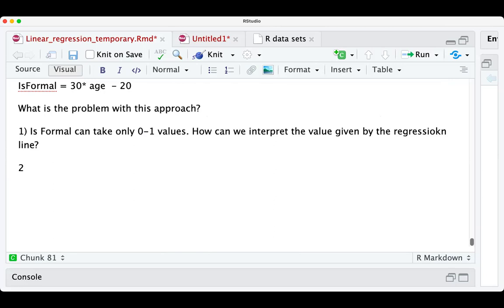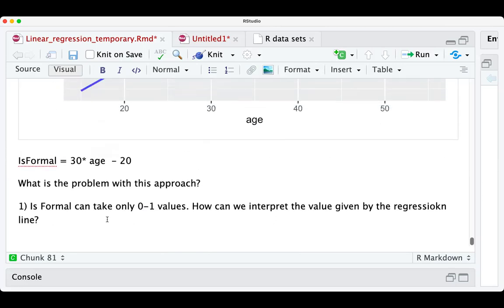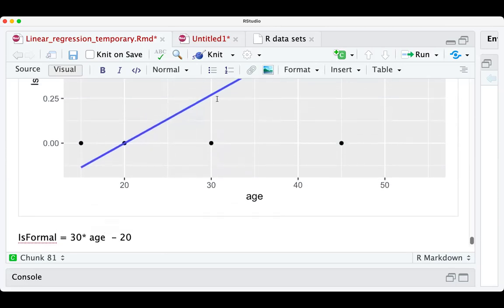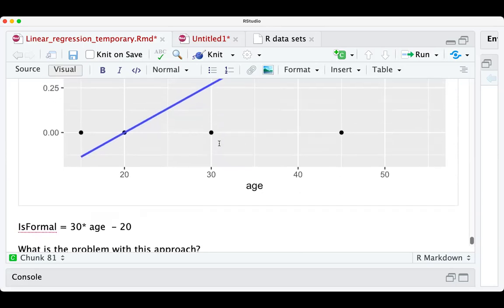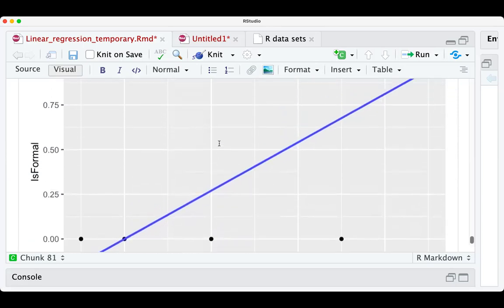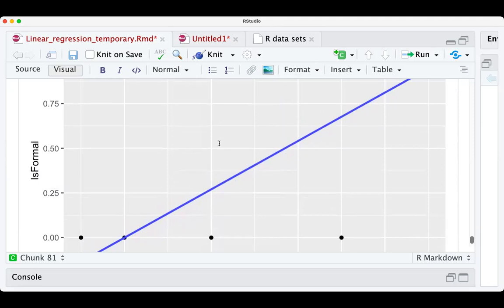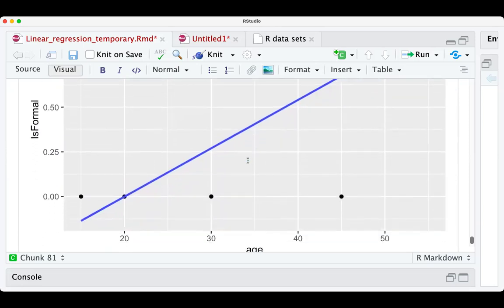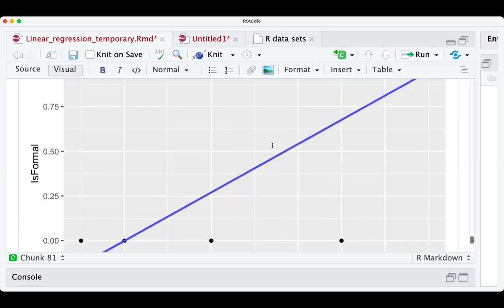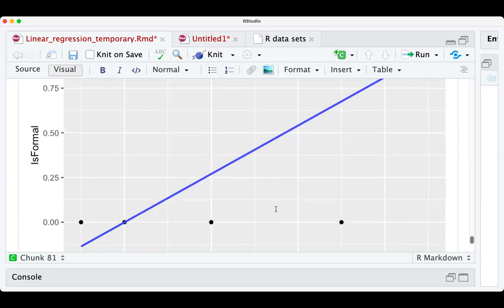So this is one problem. How can we interpret this value? A prediction based on a line is bad because you should have either 0 or 1. So maybe when it is below here, we interpret this as 0.